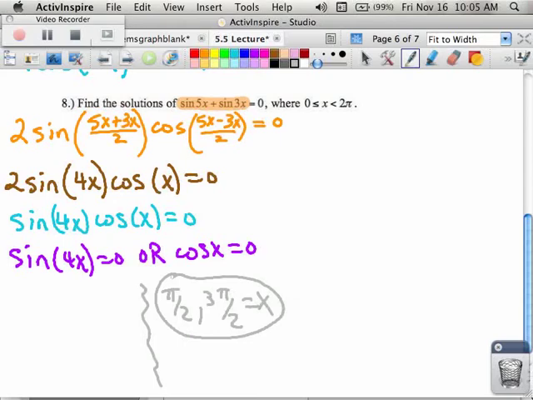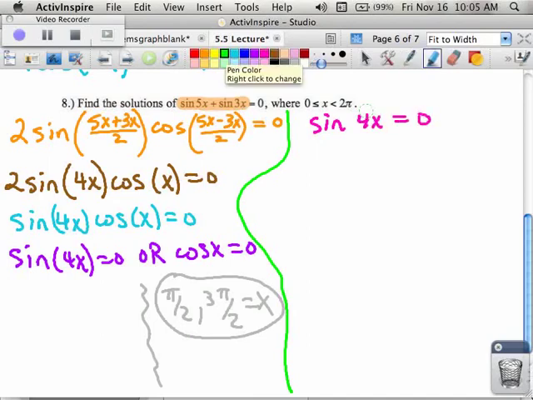Where's the sine 0? On 0 to 2 pi, not included, 0 and pi. So the answers are that I would have this blob thing equal to 0 and pi.